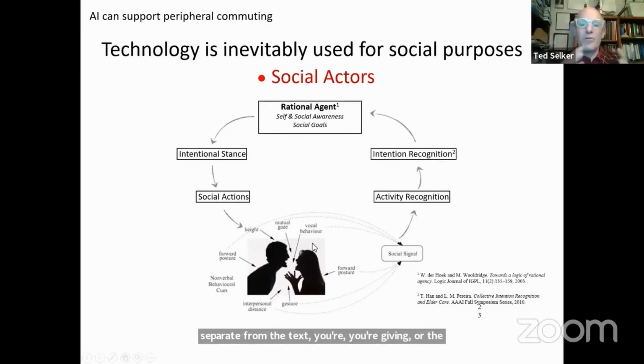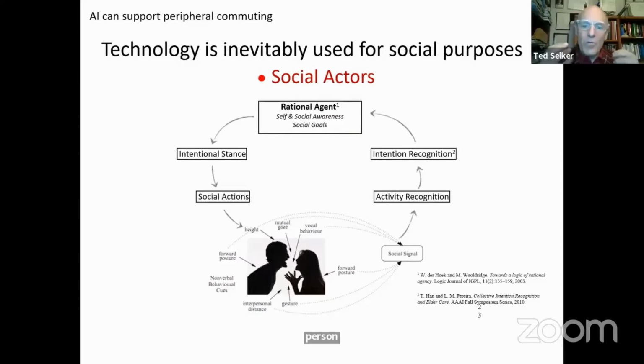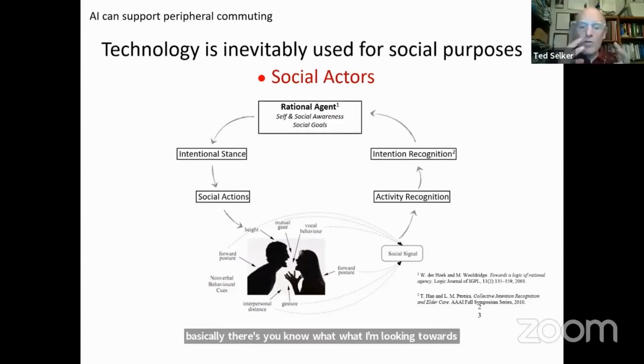There's your mutual gaze, there's how close you're sitting to the person, there's the gesturing you're doing, and basically I'm looking towards a time when computers are aware of your social commitments and limitations, to allow them to not be making social blunders.